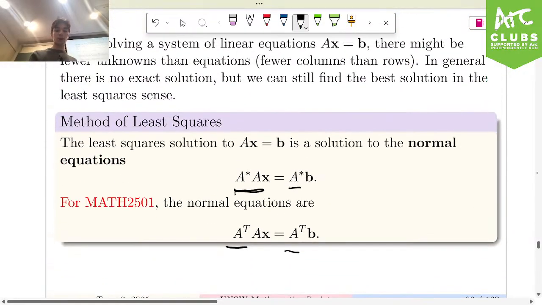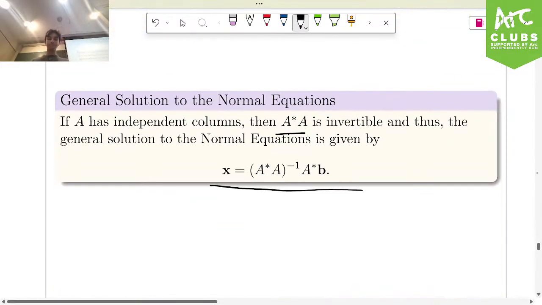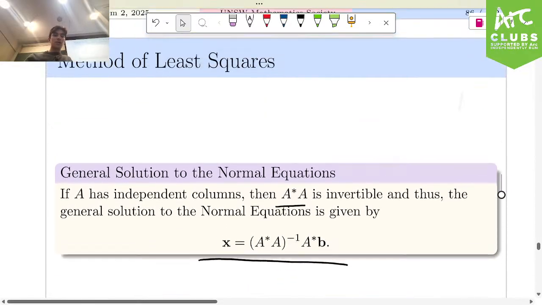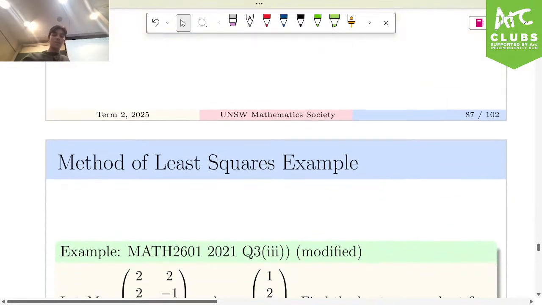So we can multiply by the inverse of A star A on the left of both sides of the equation and isolate X, in which case we get this expression for this solution that minimizes distance between AX and B, right? This method is called the method of least squares because in a way you're minimizing the distance squared between AX and B.